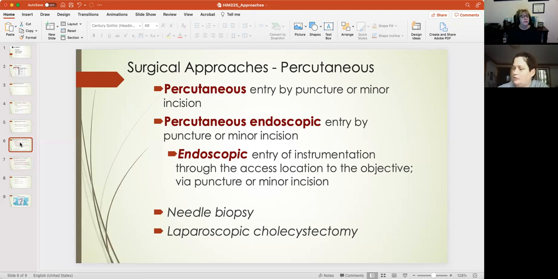Now, percutaneous endoscopic, you will see more often than not that this is referred to as a laparoscopic procedure, because they cut a tiny hole, and that's the percutaneous, the tiny puncture or incision. Then they take a camera or some other instrument and put it into that incision.